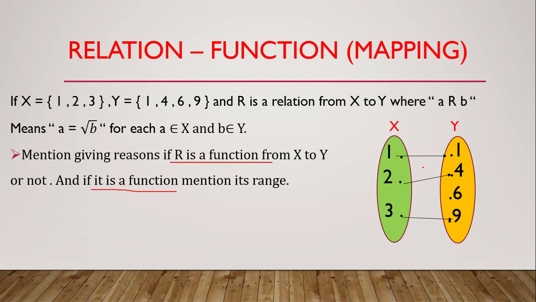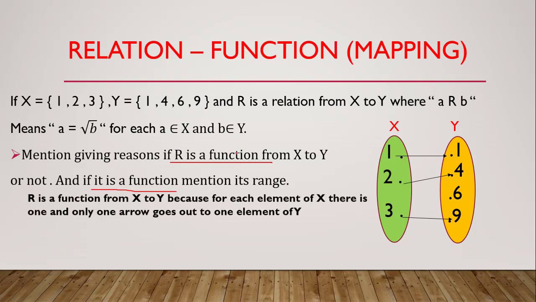Yes, of course, because for each element of X only one arrow goes from this element to Y. So R is a function from X to Y because for each element of X there is one and only one arrow going to an element in Y. Okay, what is the range? The range, the elements that receive arrows: 1, 4, and 9.